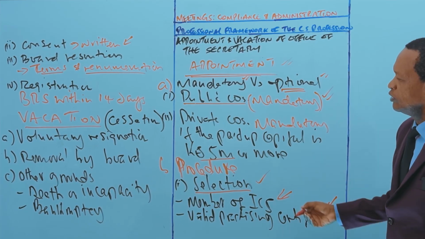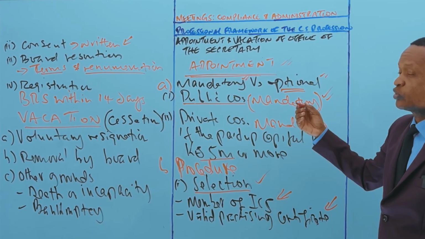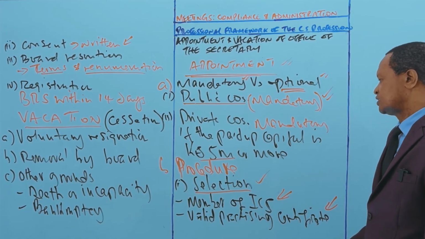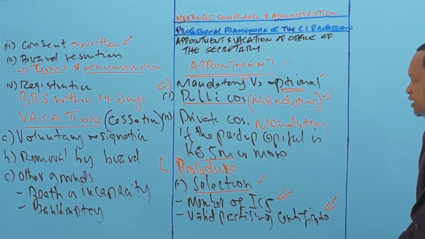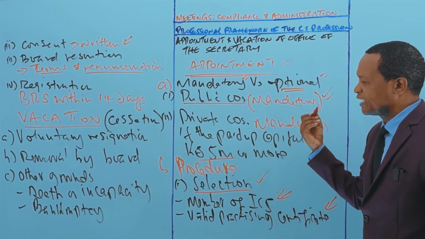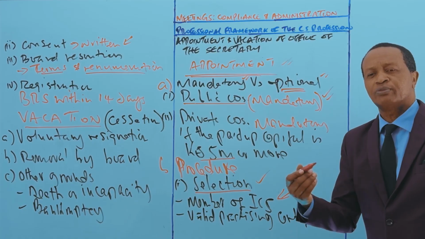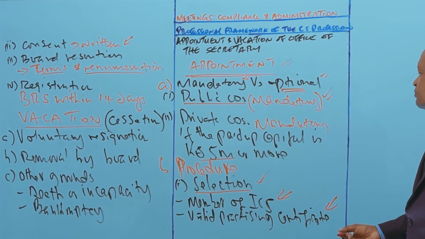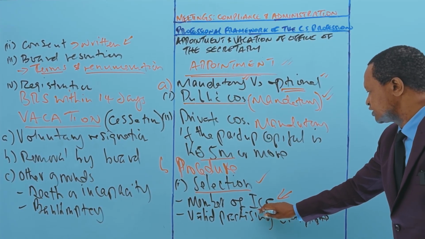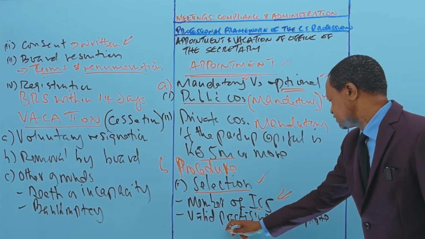It is the board of directors that is vested with the responsibility to appoint company secretaries. The board selects a natural person, a human being, who must be a member of the Institute of Certified Secretaries and who is in possession of a valid practicing certificate.